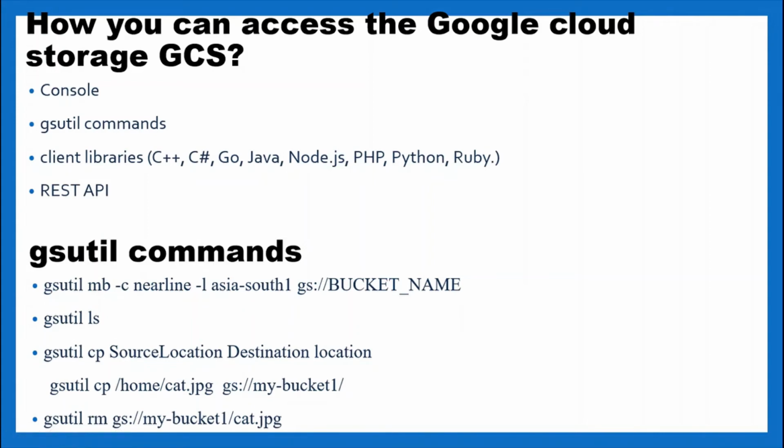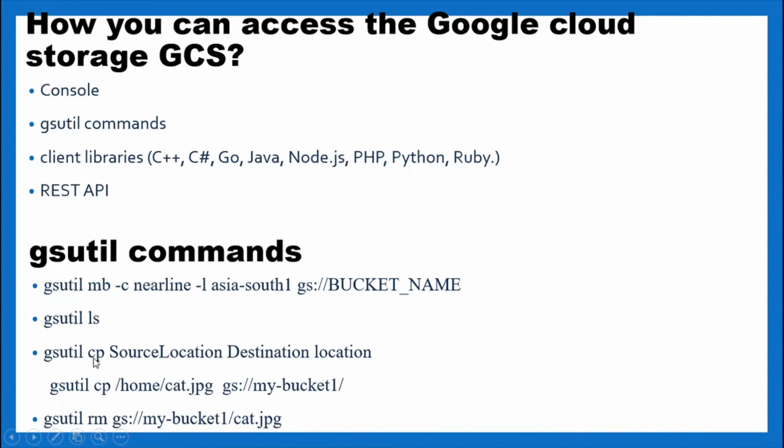Some examples of gsutil commands are: the gsutil mb command is for make bucket. We can define options like what storage class we require. So -c is used for that, and -l is used for specifying the location, and then the bucket name. Similarly, we can list all the buckets inside the project using the gsutil ls command. Then to copy content from a source location to a destination location, we can use the gsutil cp command.